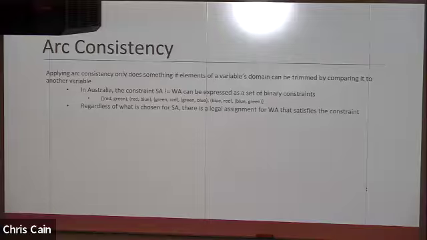Based on whatever is chosen for South Australia, we know there's a legal assignment for West Australia, yes. Variables are already arc consistent, is what that means. For every possible value that we could apply to South Australia, there's a value for West Australia that meets the constraint. For every possible value for West Australia, there's an associated value for South Australia that adheres to the constraints.